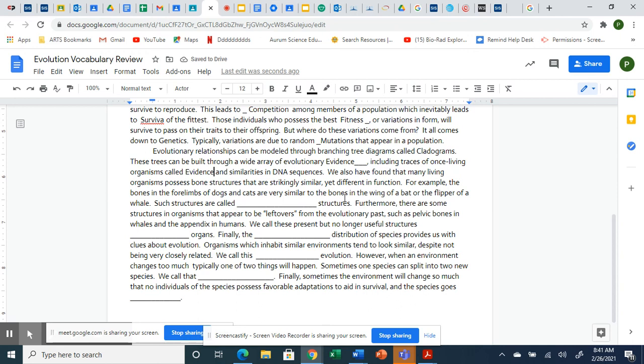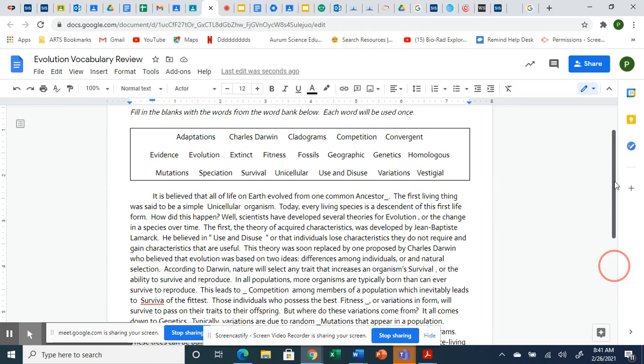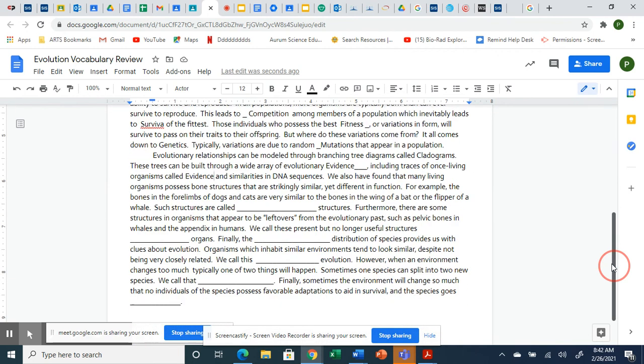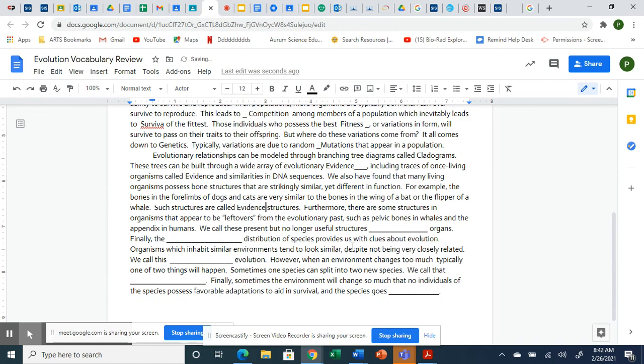All right. We have found that many living organisms have such structures, called, well, that might be vestigial. I'm gonna put it twice, vestigial. Pelvic bones in whales, yeah, we call these present but no longer used.